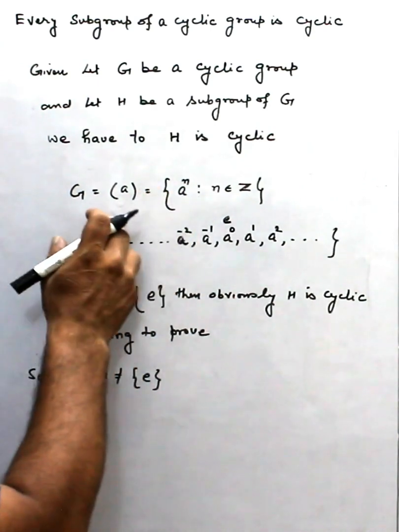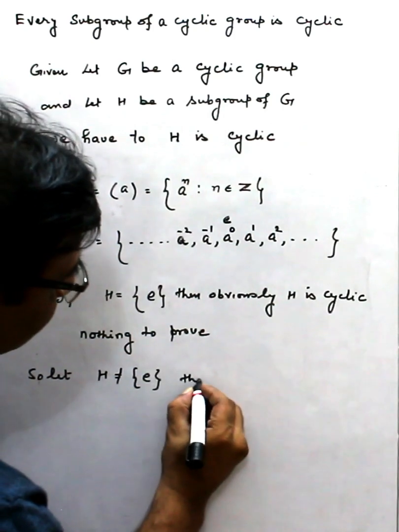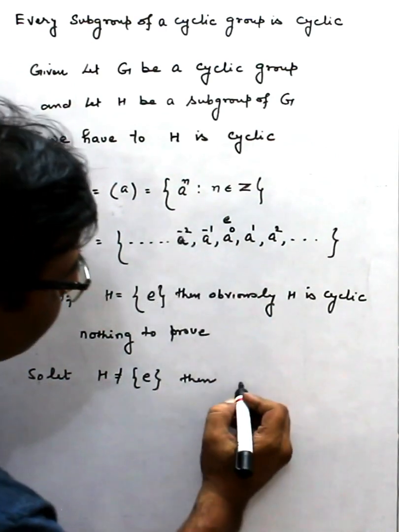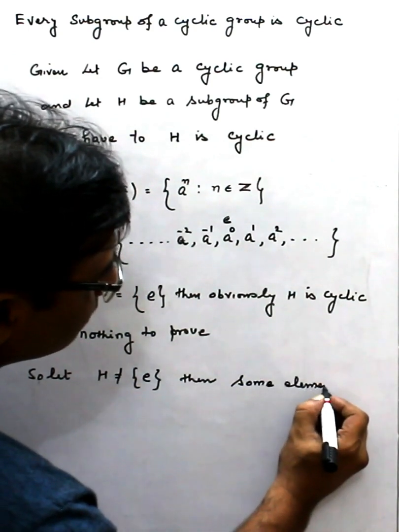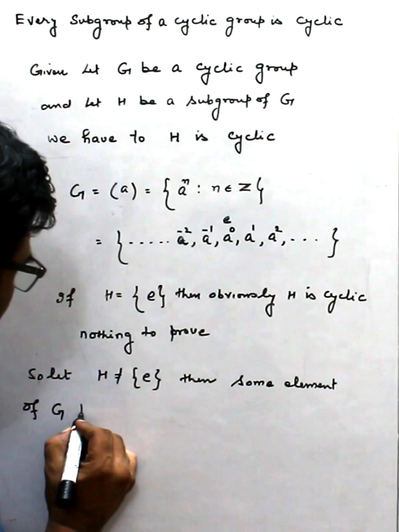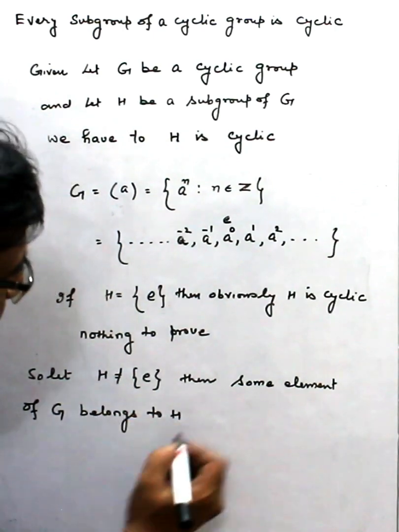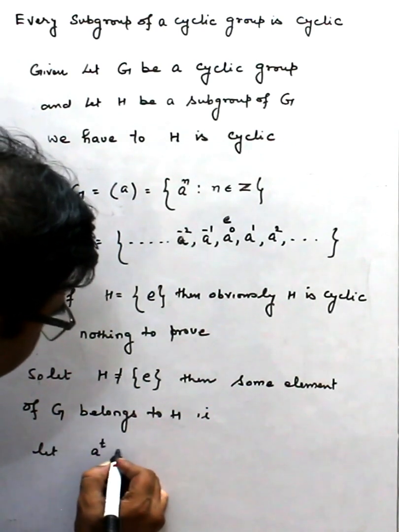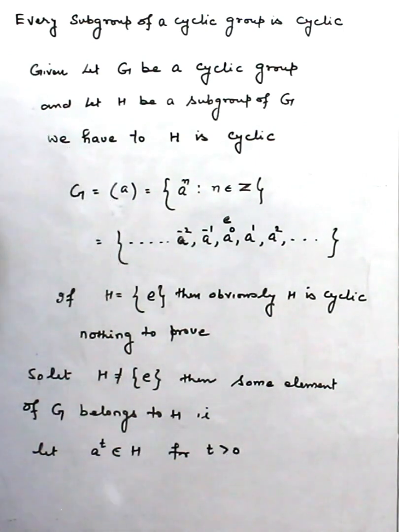Therefore, there exists some element of G which belongs to H, because H is a subgroup. Let a^t belong to H, for t positive.